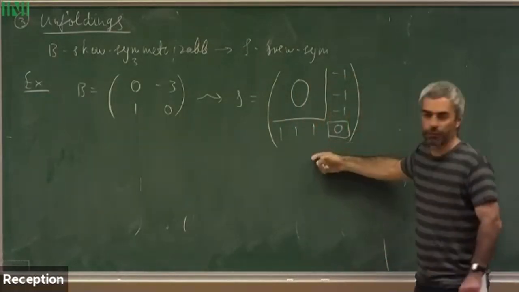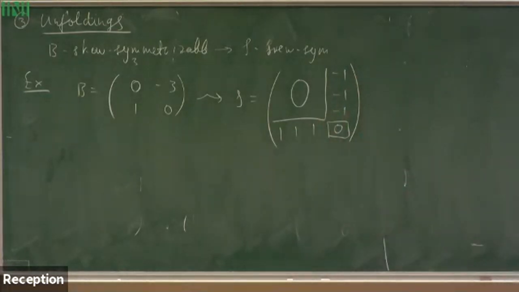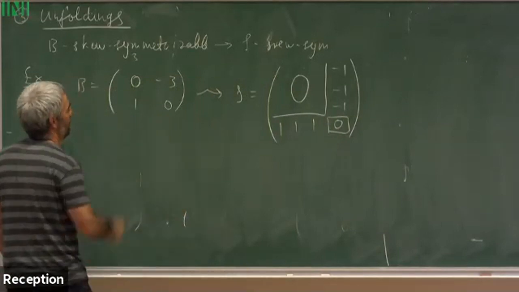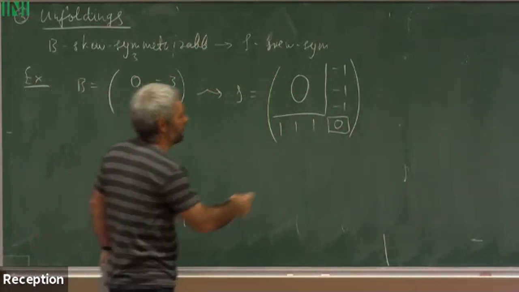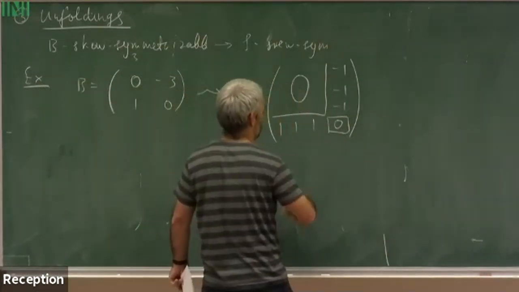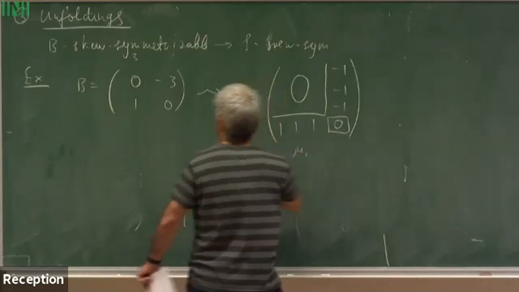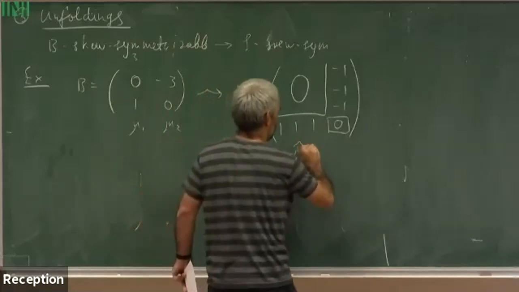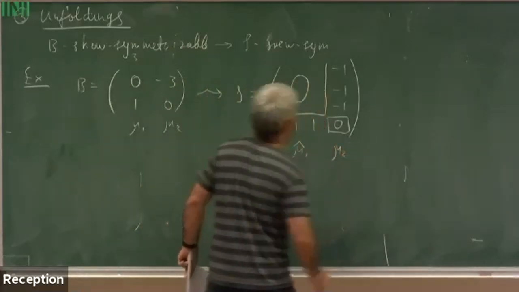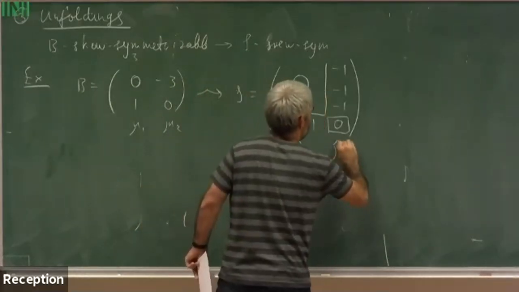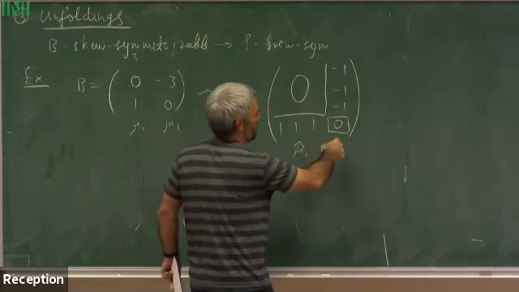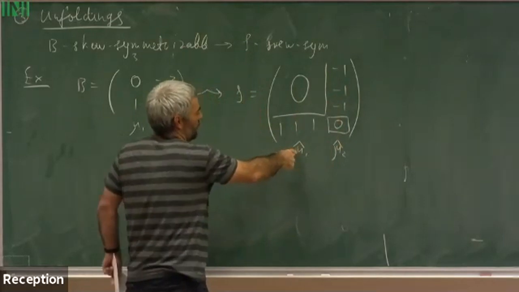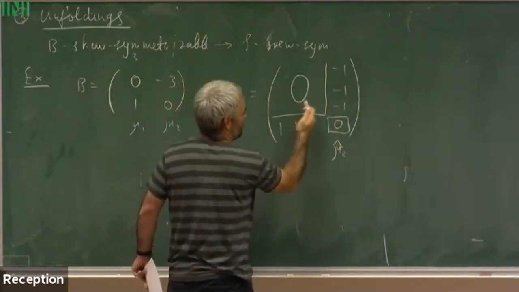So this is D4. And here I have mutations 1 and 2, and here I have a composite mutation, mu1 and mu2. So mu2 is a mutation in this fourth column, and mu1 is a product of mutations in columns.